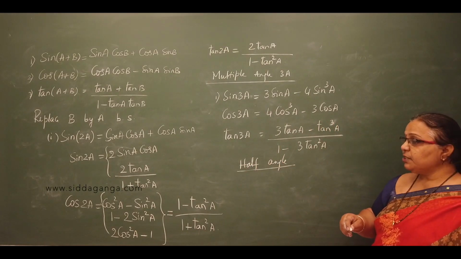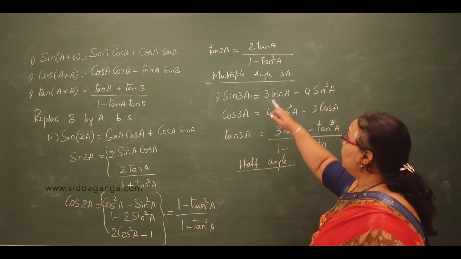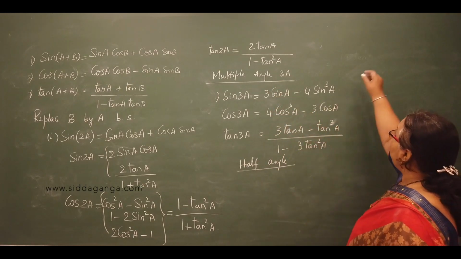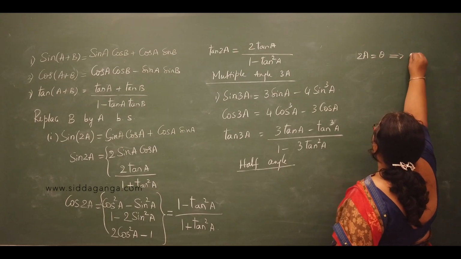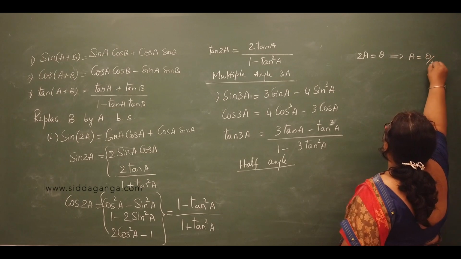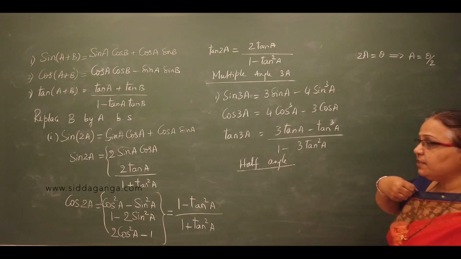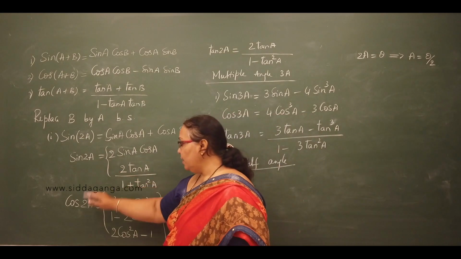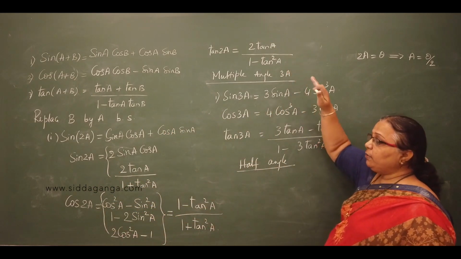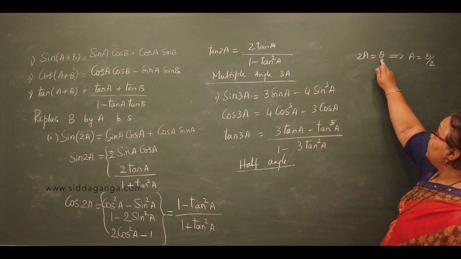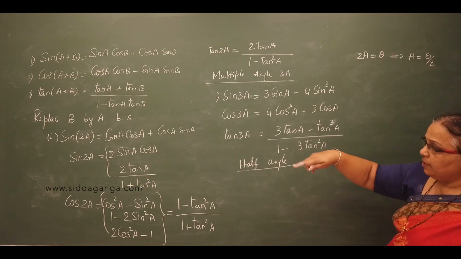In the results of sin 2A, cos 2A and tan 2A, we replace 2A by theta, and hence A is equal to theta divided by 2 on both sides.